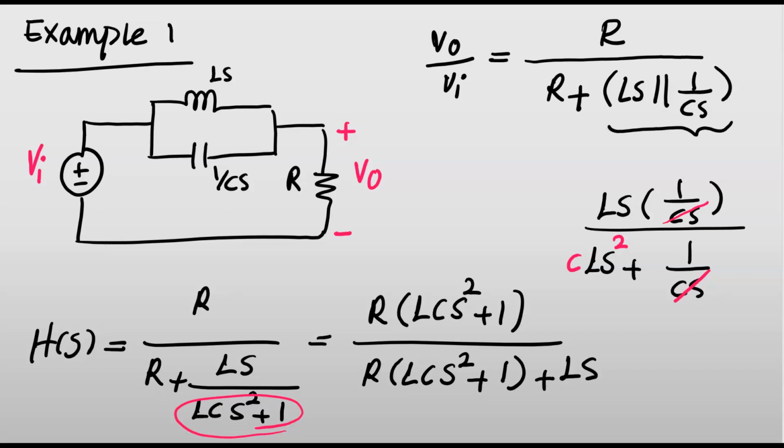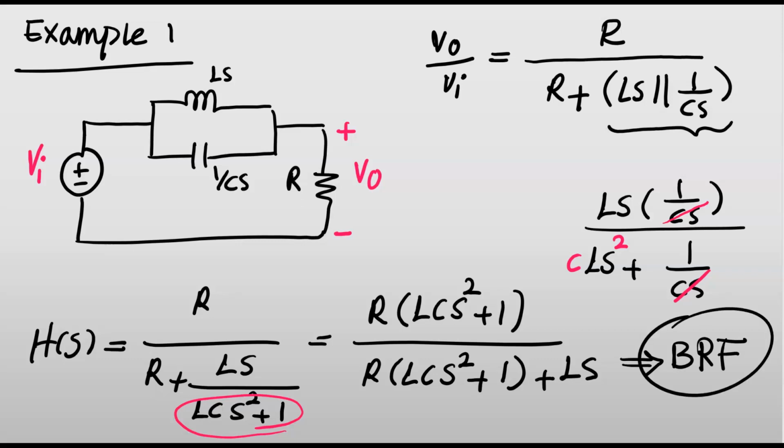Now, here I can see that in the denominator I have a second order polynomial, so this is a bandpass or band reject filter. And in the numerator I have s squared, so my conclusion is that this is a band reject filter.